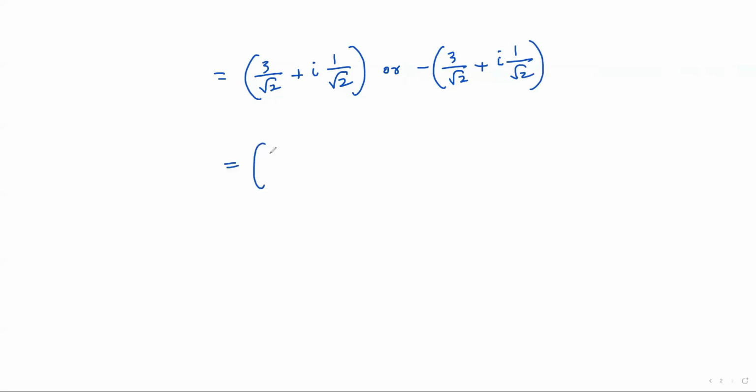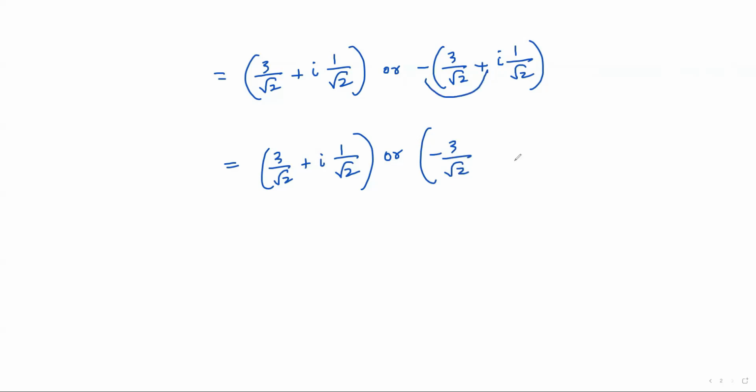The negative sign can be distributed to each term inside the parentheses, and I get negative 3 over square root of 2, negative times positive becomes negative, i times 1 over square root of 2.